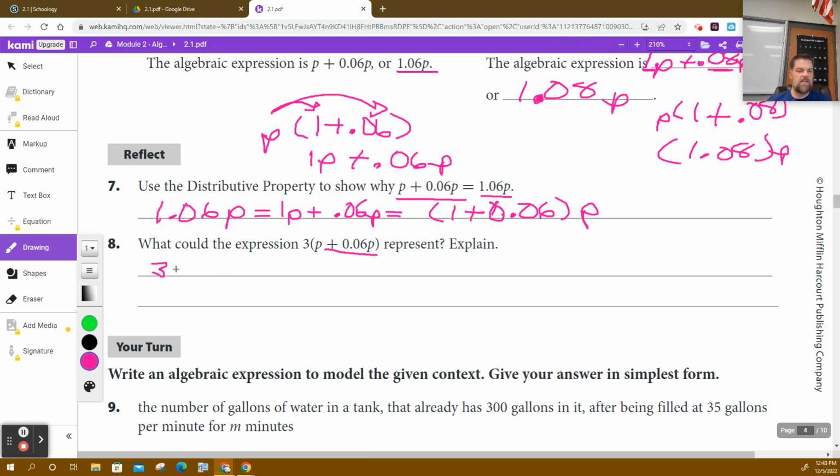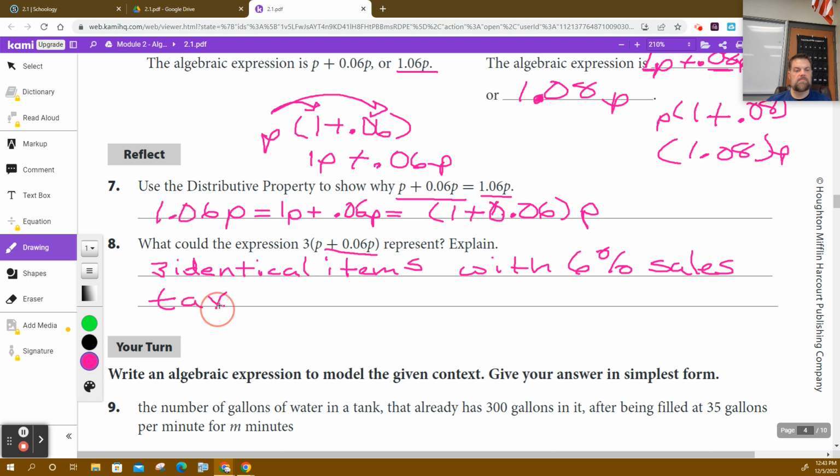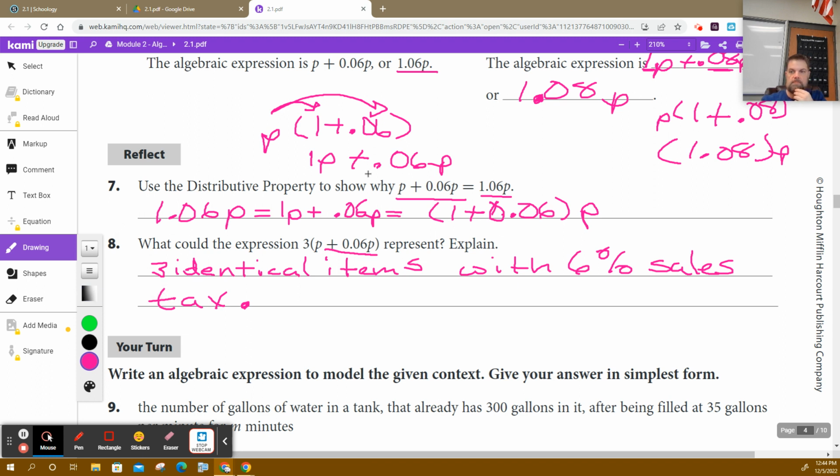You could say 3 identical items with 6% sales tax. And that's it. Any questions on that?